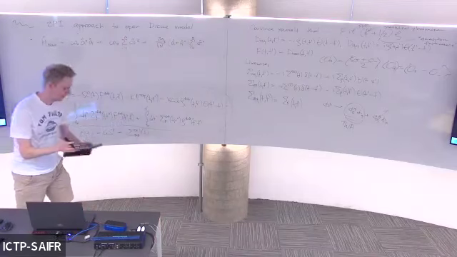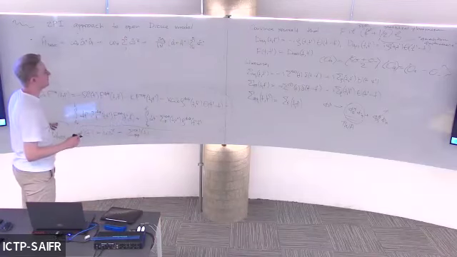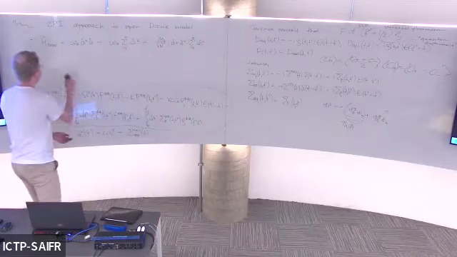This is the model, and this is the equation that you get after a couple of steps.